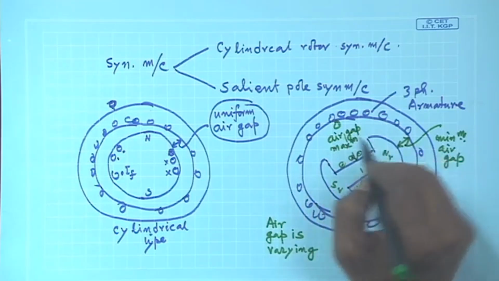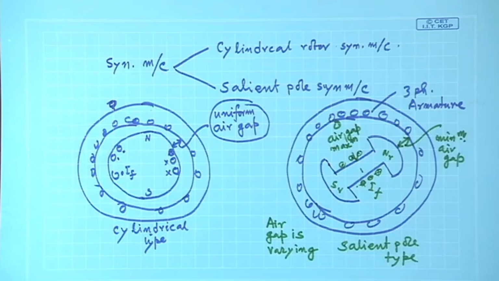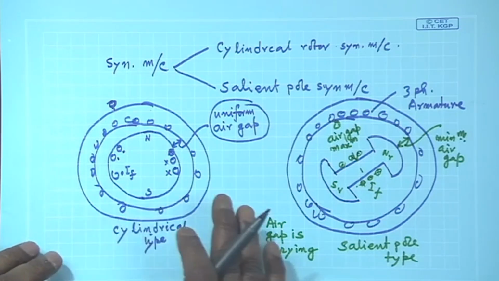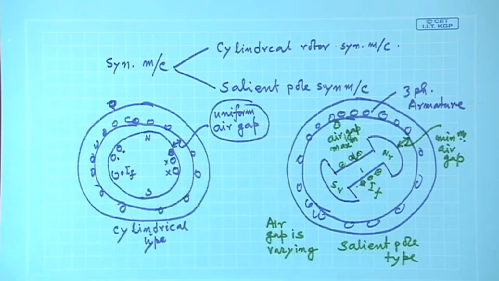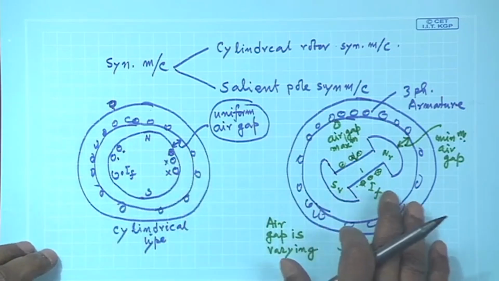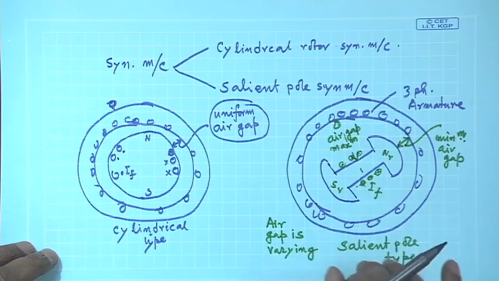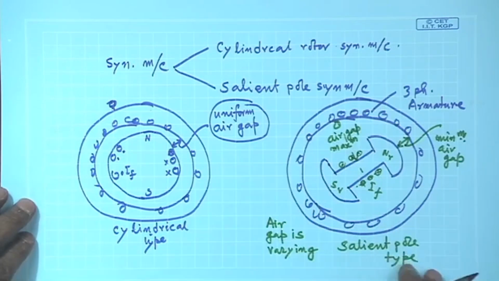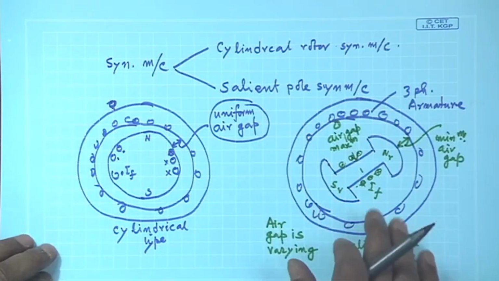In between it will have various values. Therefore, in a cylindrical machine, the air gap is uniform, and in a salient pole type synchronous machine, the air gap is non-uniform. The analysis of this salient pole type machine, that is why, becomes slightly involved. We will discuss that later.